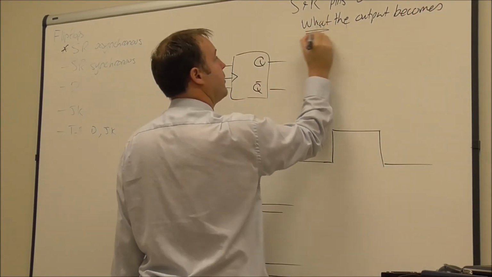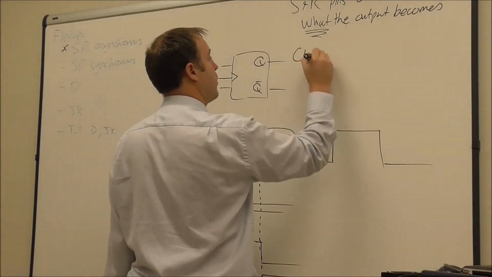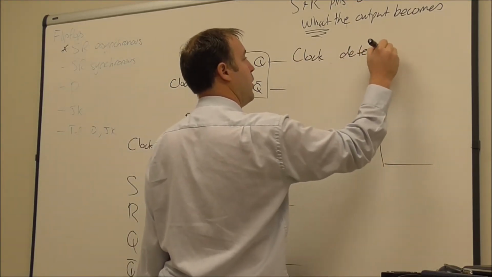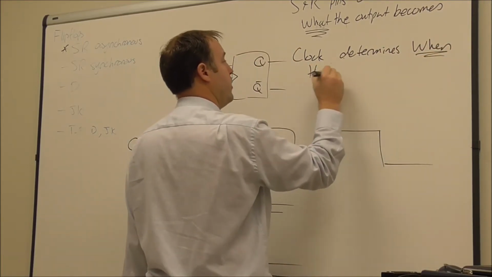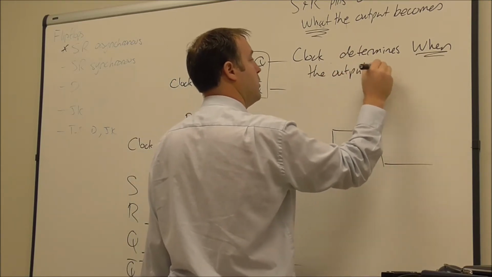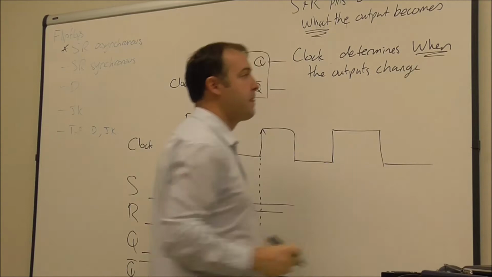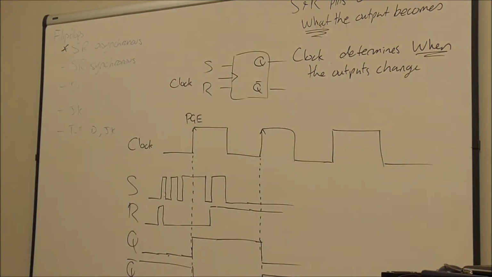Okay, so underline what, and the clock determines when the outputs change. So that's the main difference between the input pins and the clock pin. Pretty important difference. Okay, so an asynchronous circuit doesn't have a clock pin, and so the input pins determine both what they change to and when.